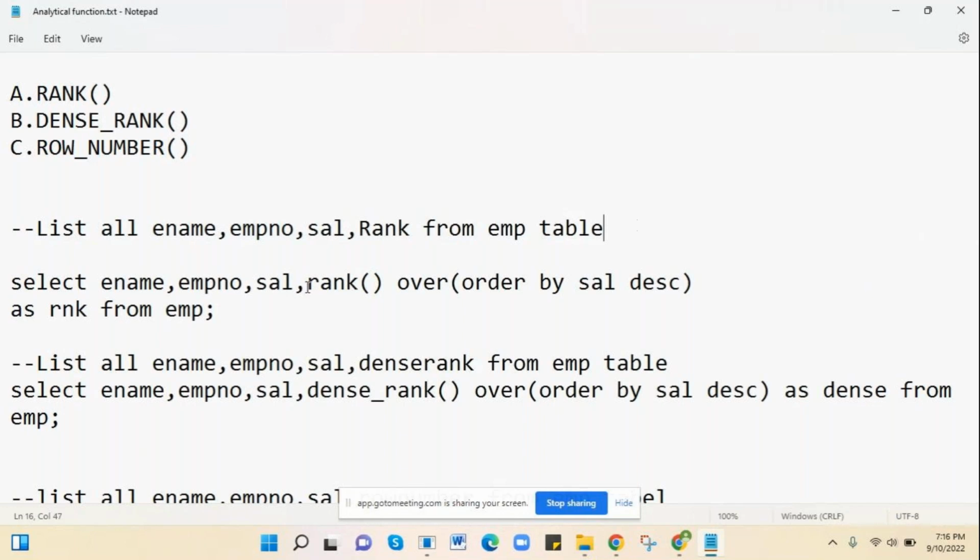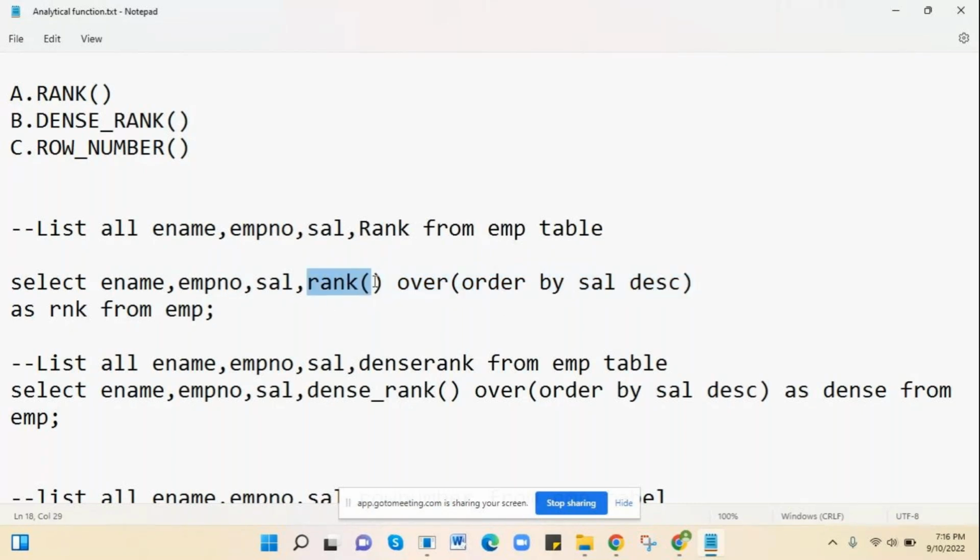So I can use salary, employee name, employee number, salary, and these are the pseudo, meaning temporary columns. These are the permanent columns: employee name, employee number, salary, are table columns. These are temporary columns.